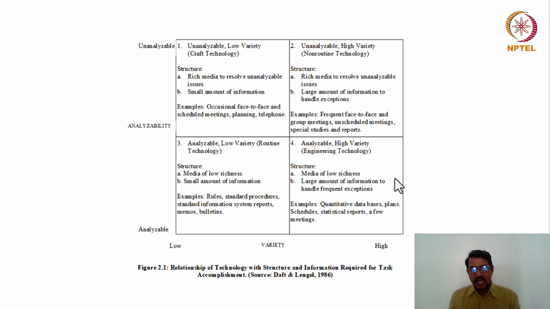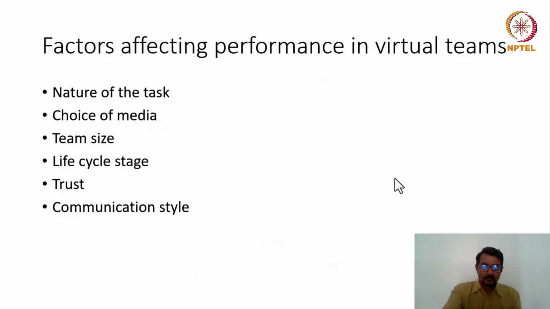When I say complex, are there many subtasks? When there are many subtasks, we call it a high variety task. Analyzability means whether the task can be recorded, or can we create a manual which can clearly mention how to do that task. So depending on the level of analyzability and variety, we have to choose the right kind of media tool.